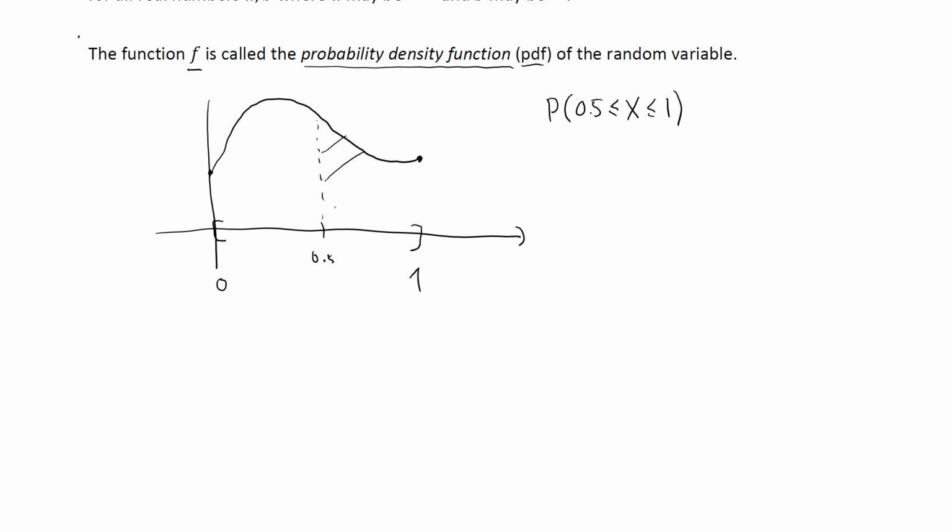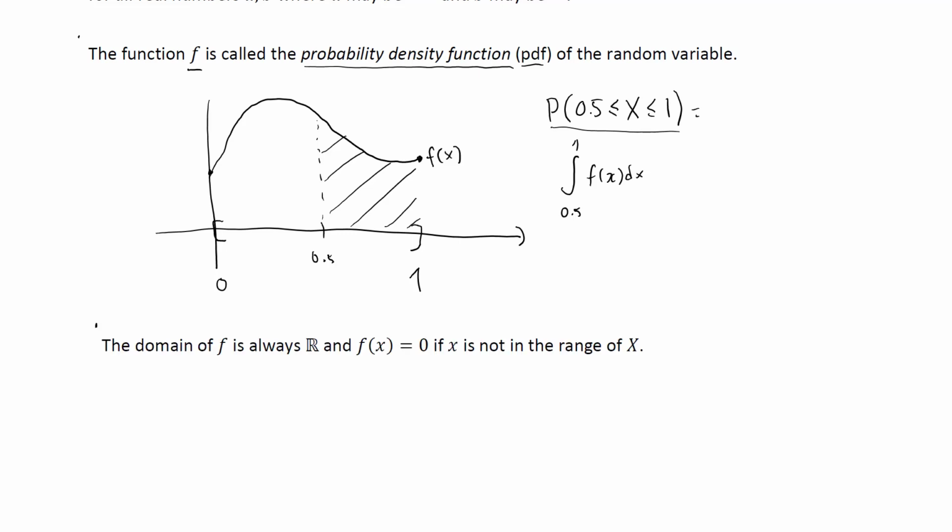So this area here is the same as this probability. So it's the integral from 0.5 to 1 of f of x dx, where this is my PDF.